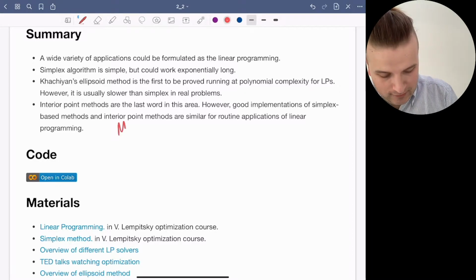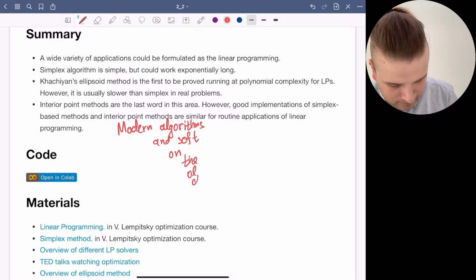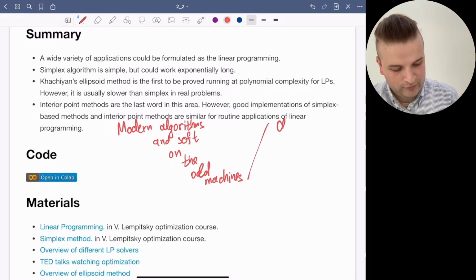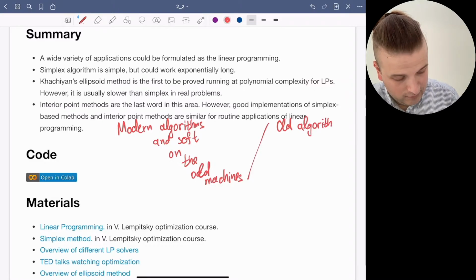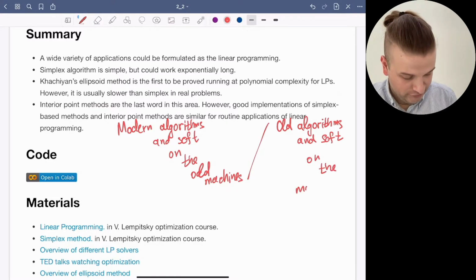To run modern algorithms and software on old machines, versus old algorithms and software on modern machines.